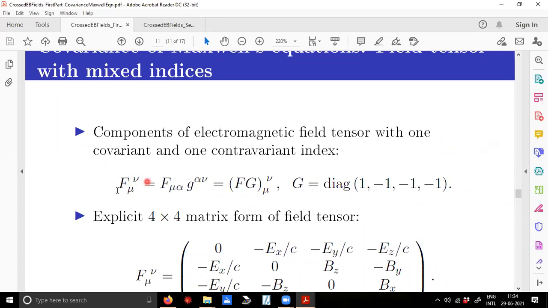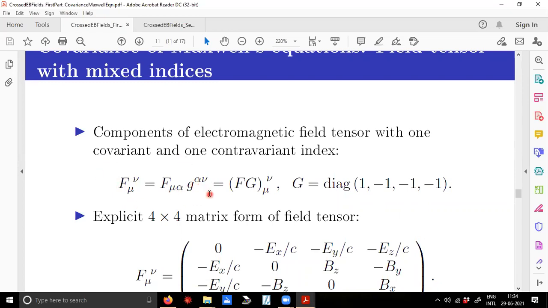How can I do that? It is F with mu down, alpha, and with the help of G alpha nu, I am not changing mu, I am changing only nu. I write nu with alpha and the index alpha. Alpha, alpha are contracted. You have F mu nu written on the left hand side.